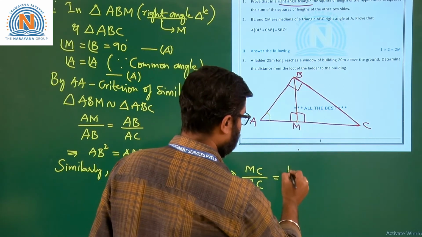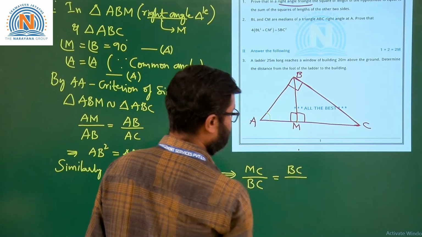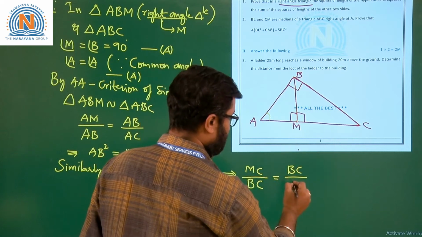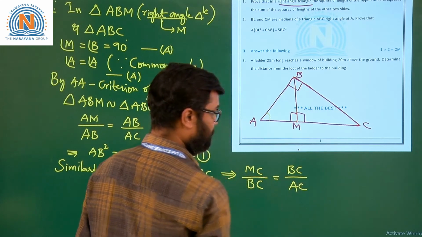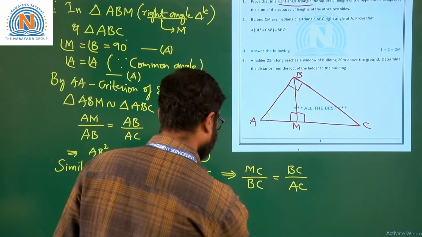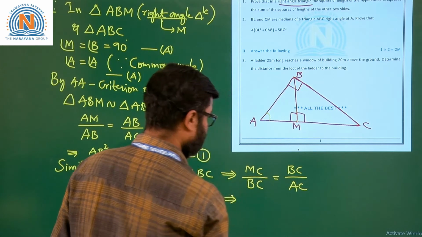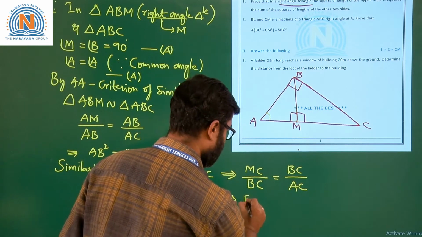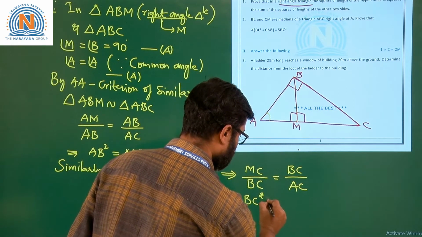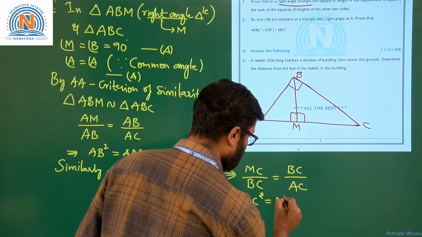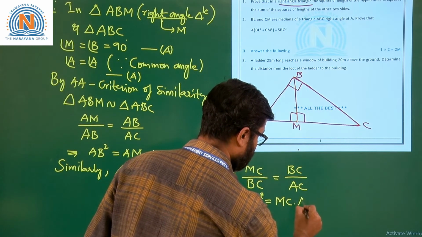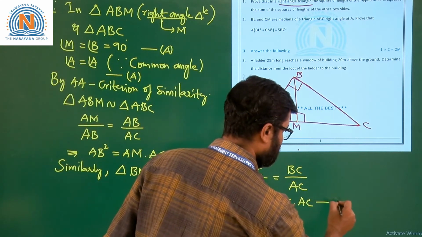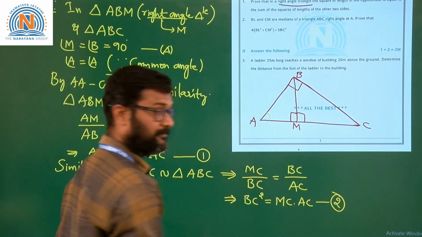BC. So BC by, for ABC what is the hypotenuse, children? AC, isn't it? Now this will be what, children? By cross multiplication, BC multiplied with BC, it will become BC square is equal to MC into AC.